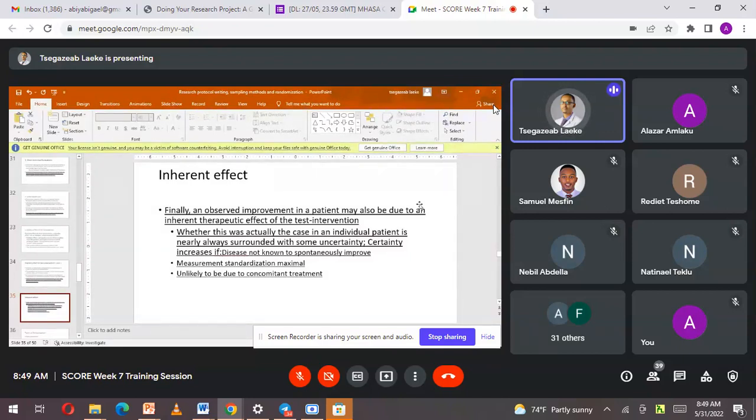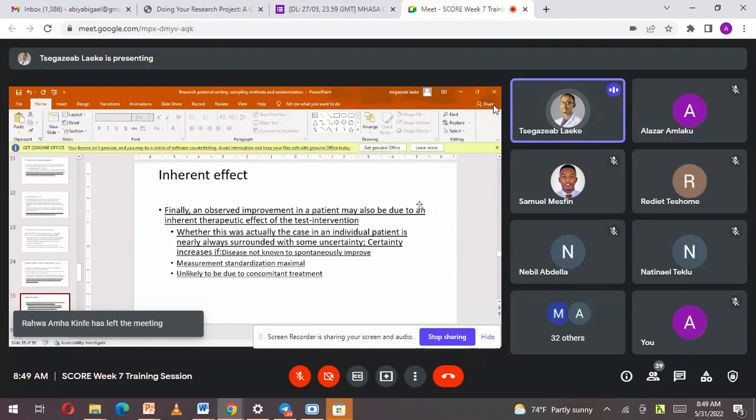And finally, an observed improvement in a patient may also be due to an inherent therapeutic effect of the test intervention. Whether this was actually the case in an individual patient is nearly always surrounded with some uncertainty. But certainty increases if the disease is not known to spontaneously improve.